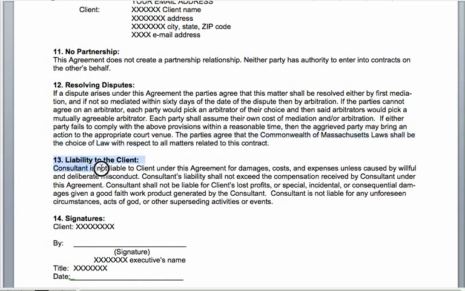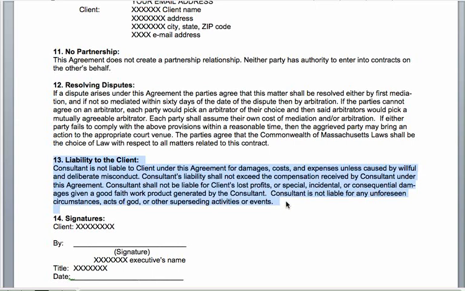Also, now, liability to the client. This is very important. You can use this wording if you want. My attorney helped me come up with this. And this basically protects you from the client claiming that you owe them because of some mistake you made.